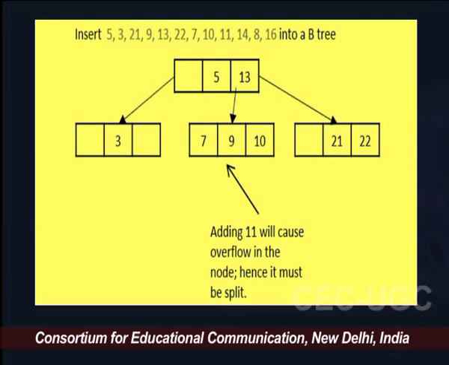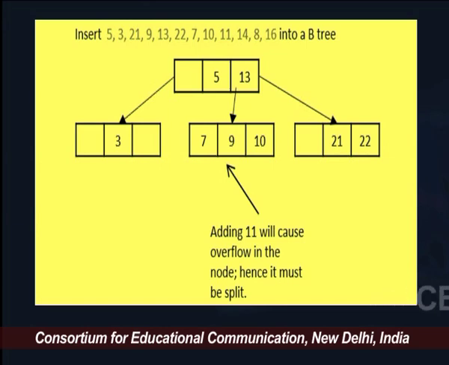Next comes 7. So 7 we can put into the middle. Then we have 10, along with the 9 we are going to keep it. So 10 also we have put in here.